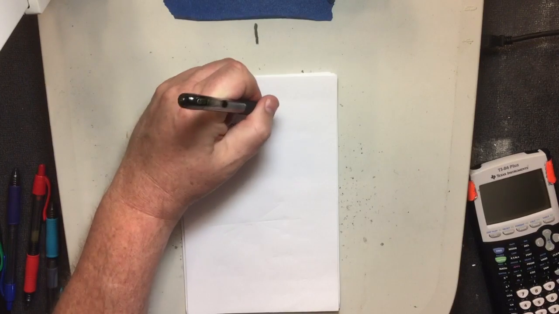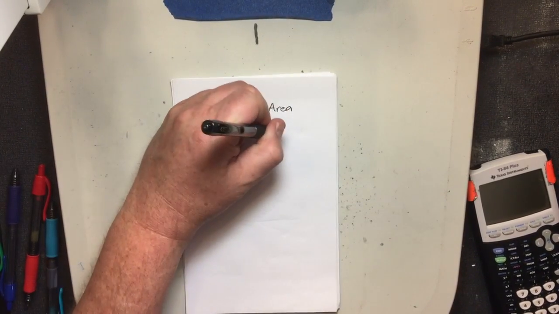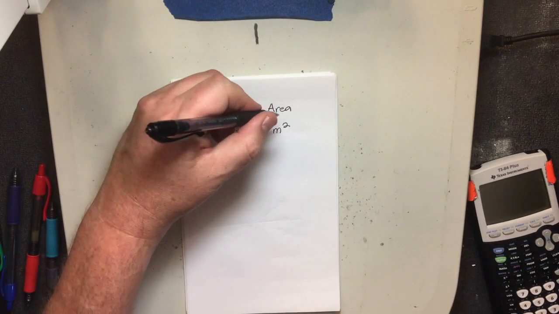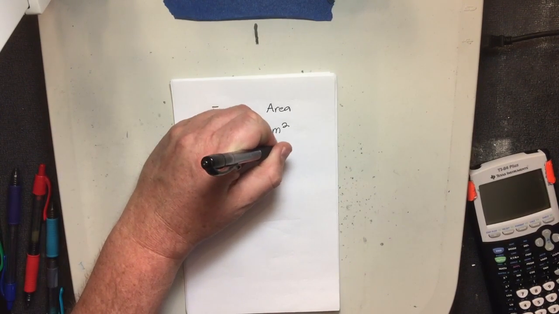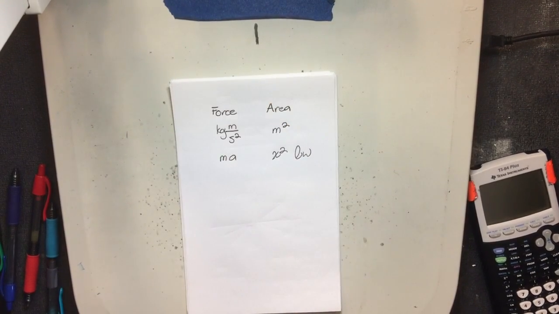And we have the idea of area, which is in meters squared, which you could think of as x squared or whatever, length times width, stuff like that.